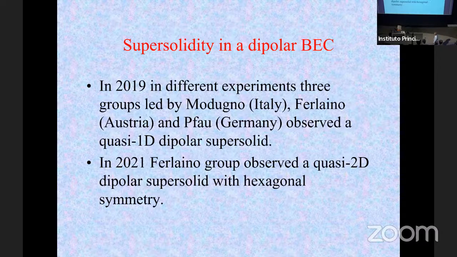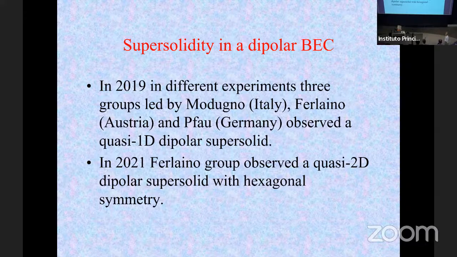In 2019, in different experiments, three groups, led by Francesca Ferlaino, Modugno, and Tilman Pfau, observed supersolidity in a quasi-1D dipolar system.